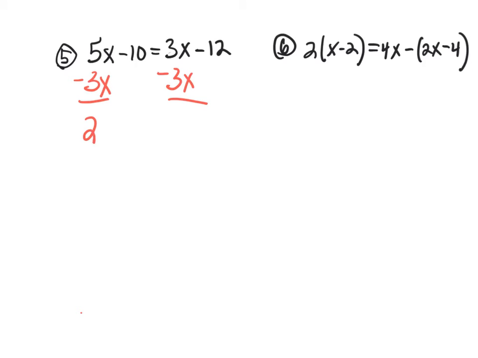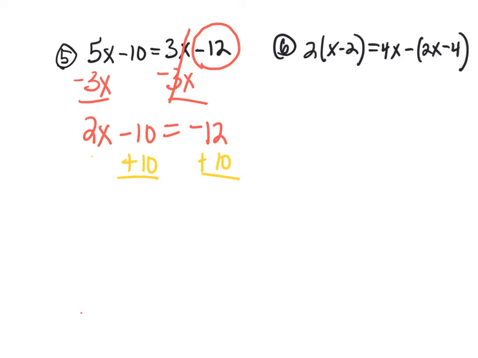That would leave me with 2x minus 10 equals, the 3x and negative 3x cancel out, and I'm going to have to drop down a negative 12. I need to be careful that that 12 is negative. I now see that what I have is a 2-step equation. So I'm going to take that minus 10 and I'm going to add 10.